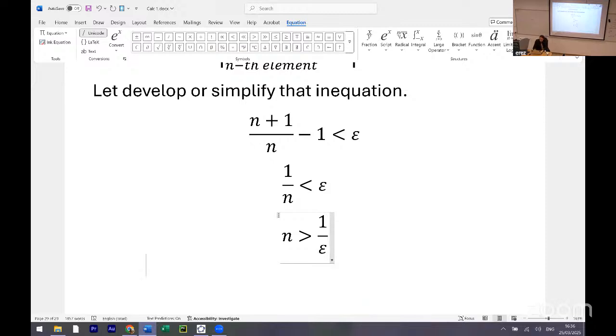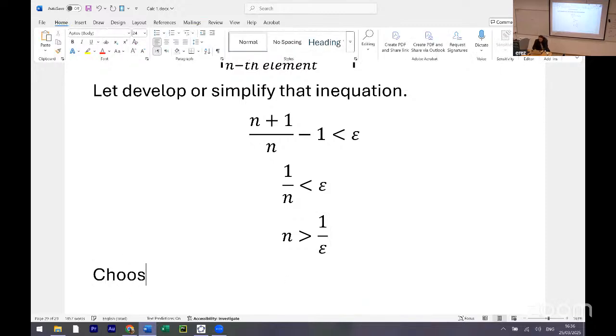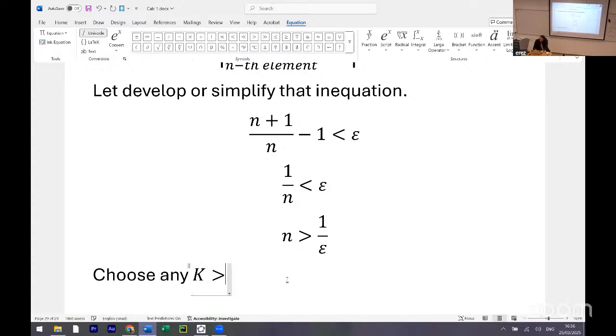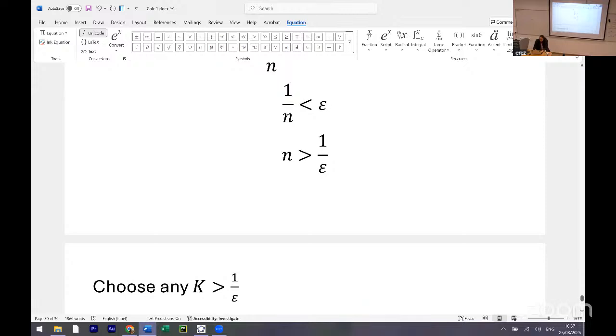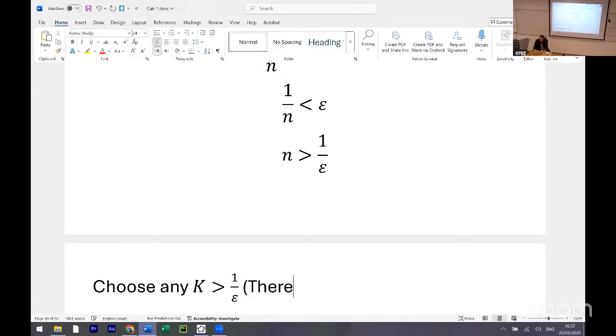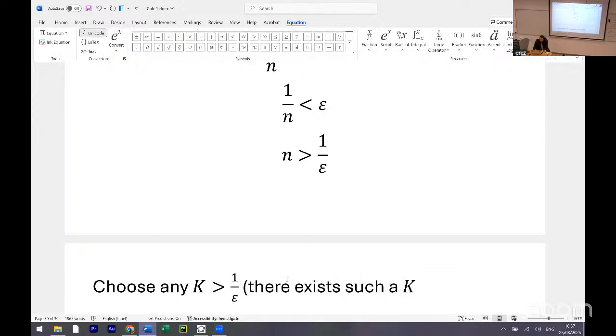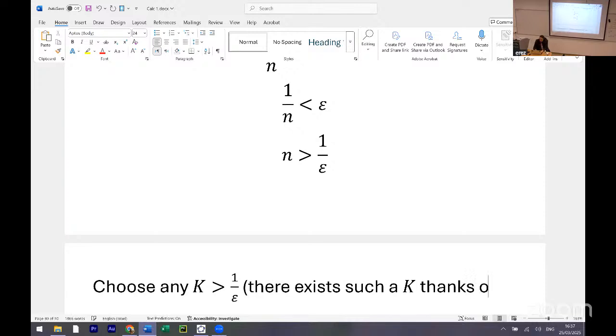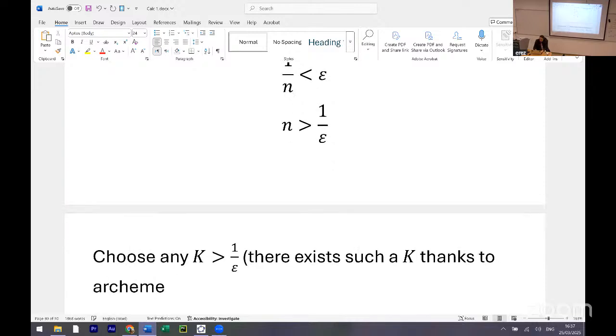Okay, so choose any k larger than 1 over epsilon. There exists such a k thanks to Archimedes.